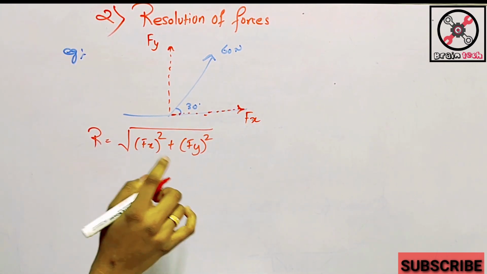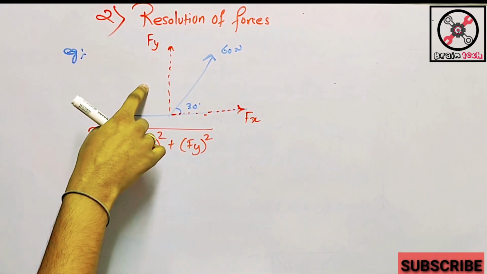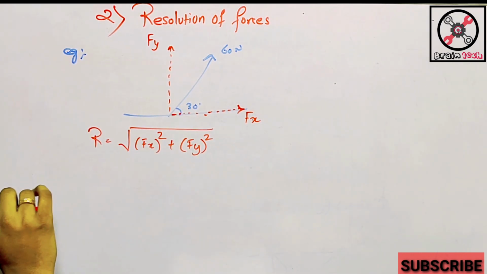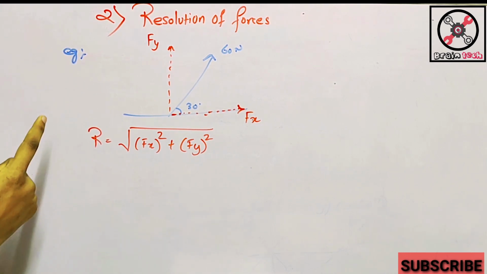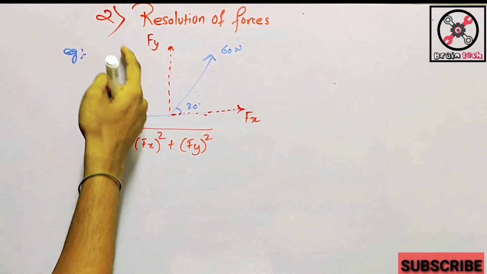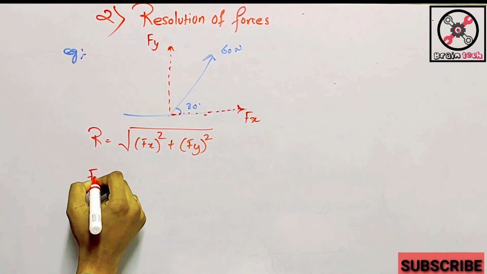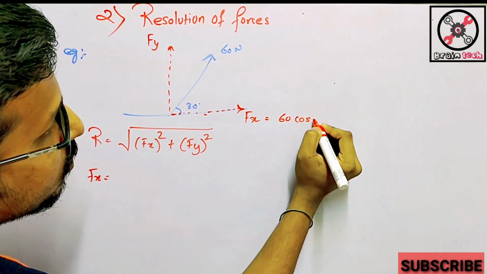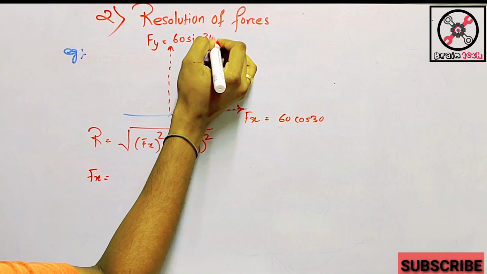Always remember the angle making with whichever plane, that is horizontal plane or the vertical plane. In this case, angle is making with the horizontal plane. Always consider it has a cos component and the other one will be the sine component. If the angle is making with the vertical plane, then this will be the cos component and this will be the sine component. So in this case, F_x is 60 cos 30 and here it is 60 sine 30.